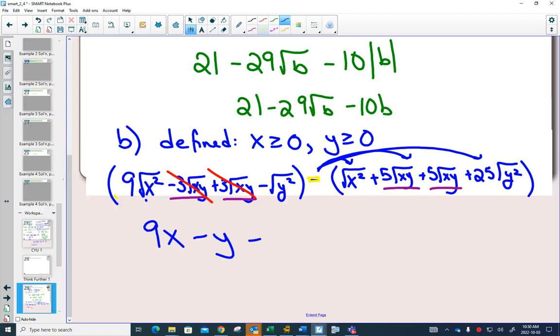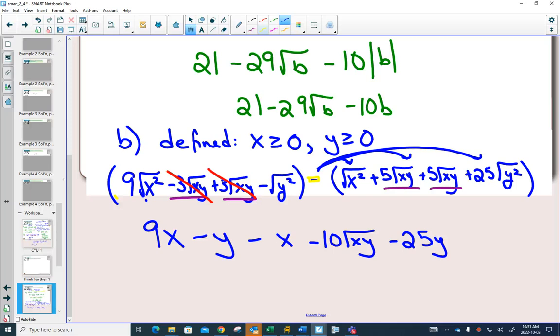Then we're going to subtract. This will just be x. Plus 10 root xy becomes minus 10 root xy. And 25y would become minus 25y. So distributing the negative is a major mistake that happens in this one because we don't keep the brackets there till the end.